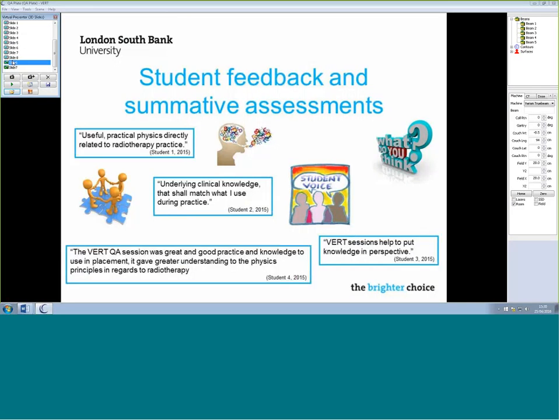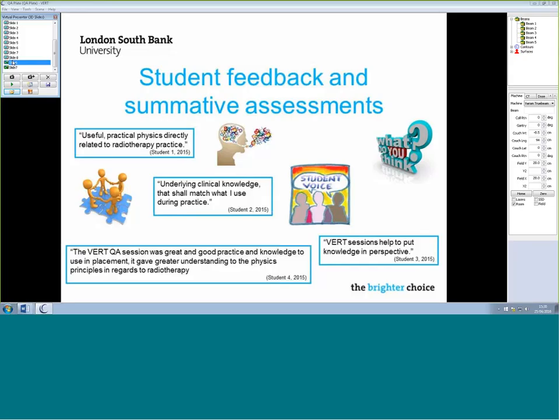Perfect. So in regards to the student feedback we've received, in total for the first year, between the academic years of 2014 and 2015, 12 postgraduate diploma students, who are still pre-registration students, and 29 BSc and DipHE students were taught using VERT physics during either their first or second semester.